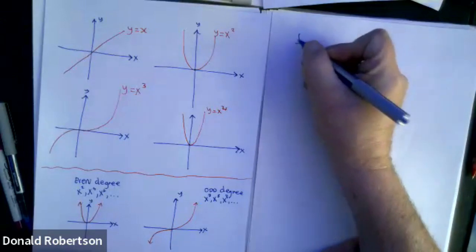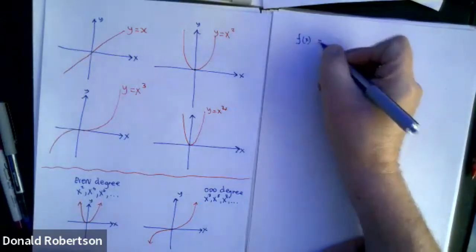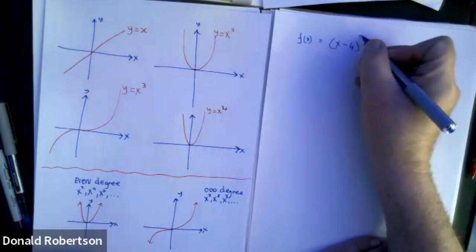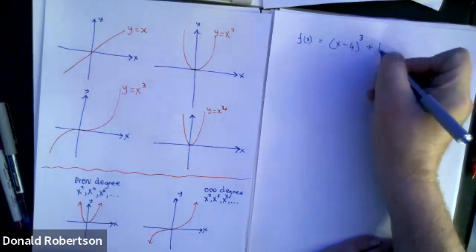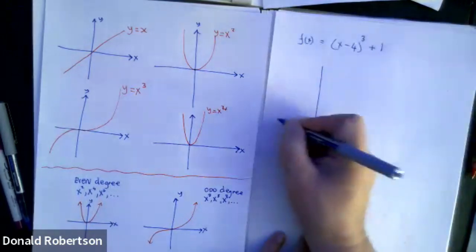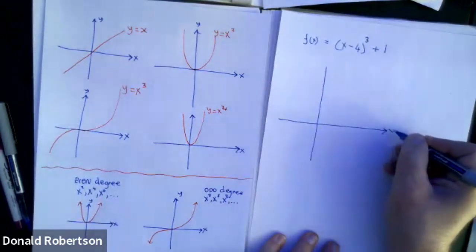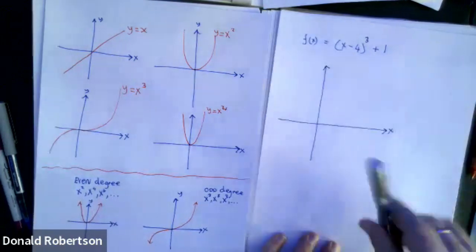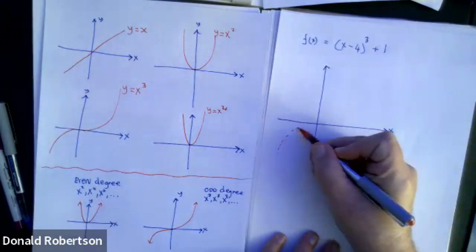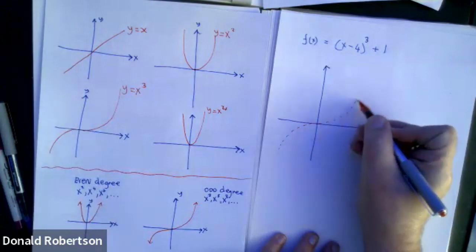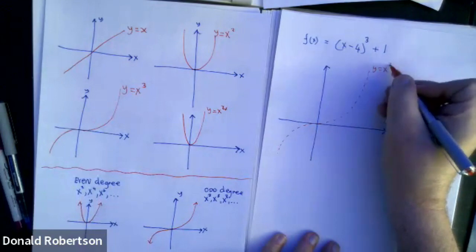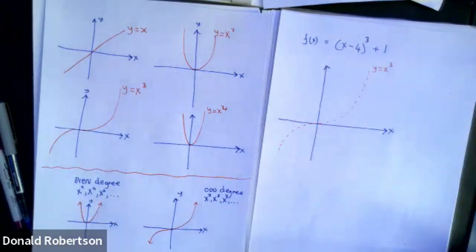So for instance, if I did (x minus 4) cubed plus 1, and I would like to know what that would look like as a very basic sketch, well, I would start off, and I'll do it in little dotted, because there's going to be a lot of diagrams here. I'd start off with my basic building block shape, which is x cubed.